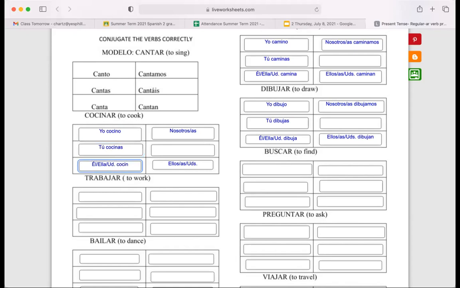And we have that stem again for the ella, usted form. So that would be ella, usted cocina. And nosotros or nosotras cocinamos.